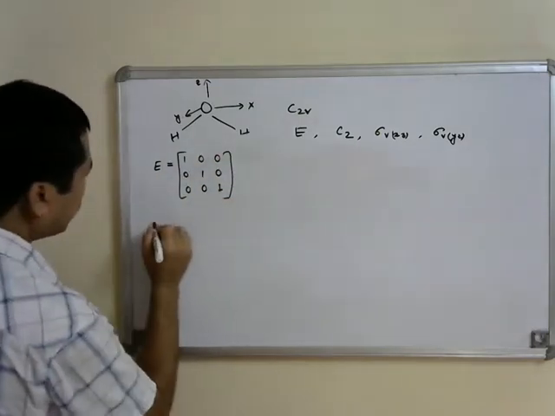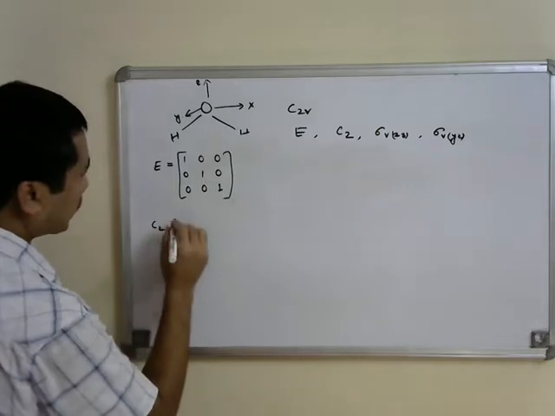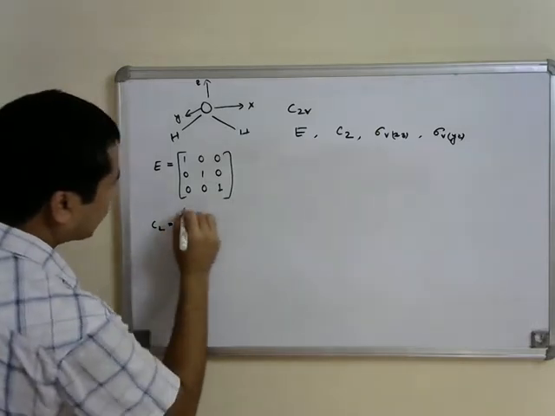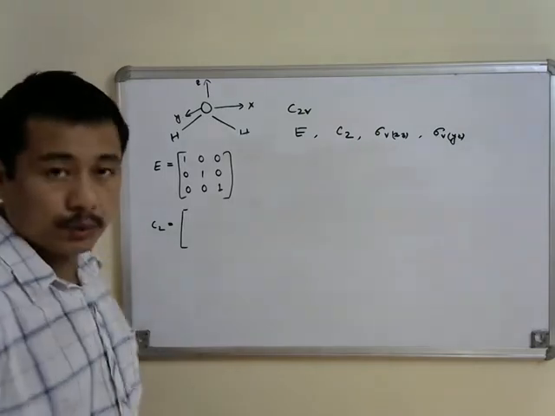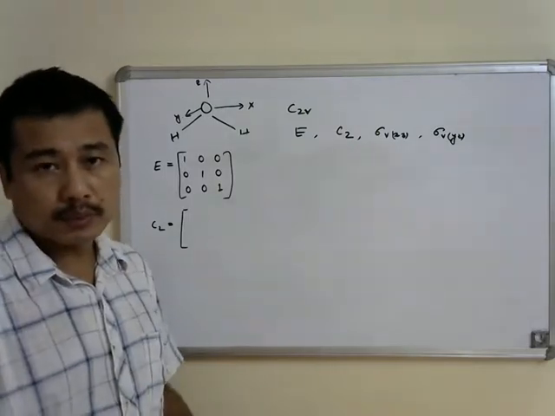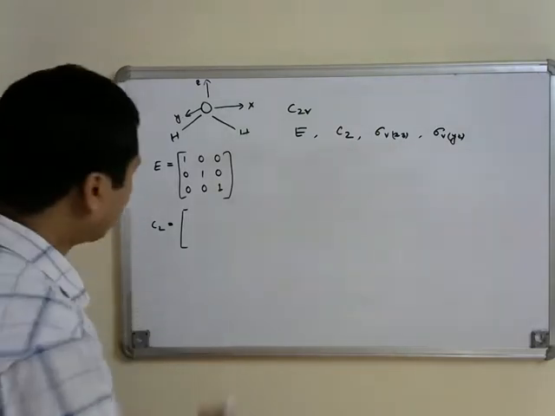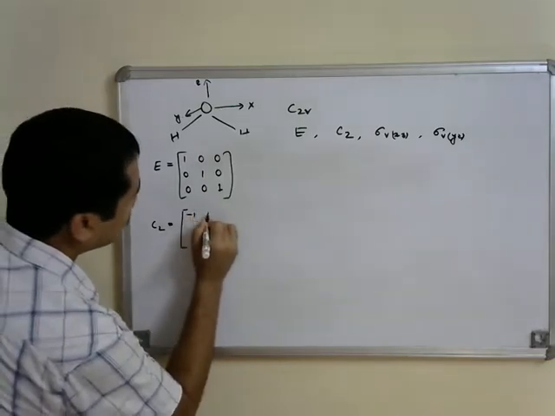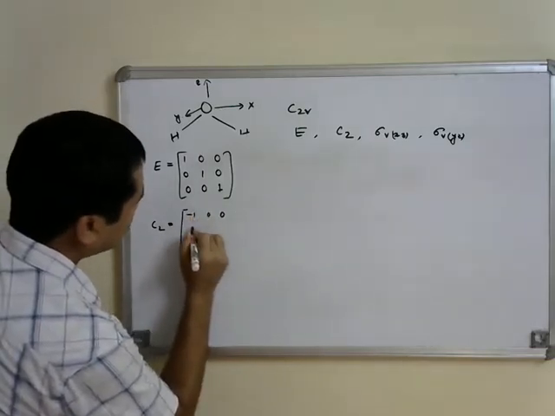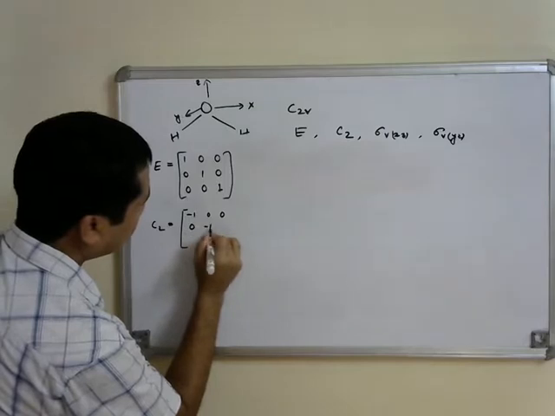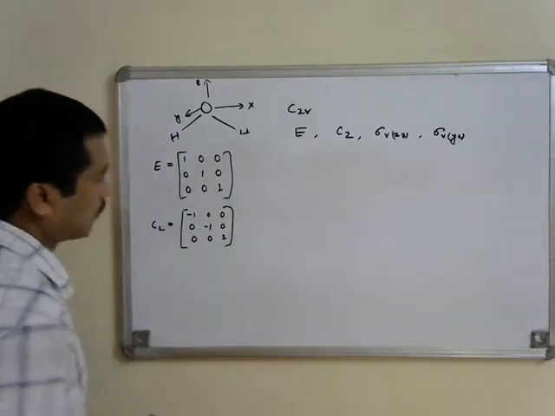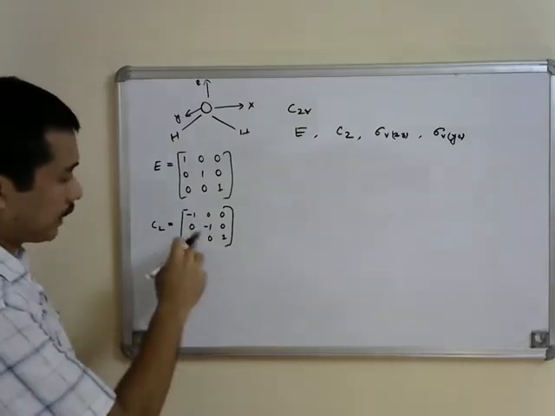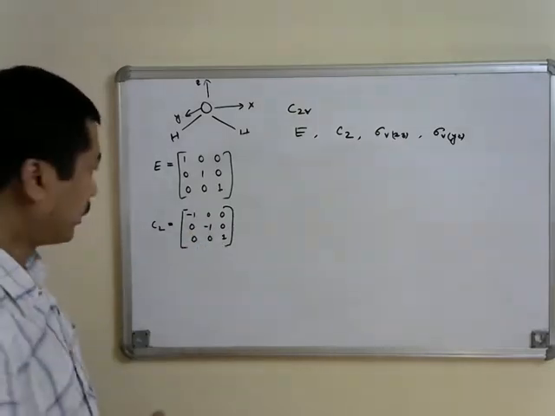And for the C2 axis, because the C2 axis is along the z axis, when we do rotation with respect to the C2 axis, we know x goes to minus x, y goes to minus y, z remains plus z, and that is why the matrix representation for the C2 axis is going to be this one, minus 1 for x and y, and plus 1 for z.